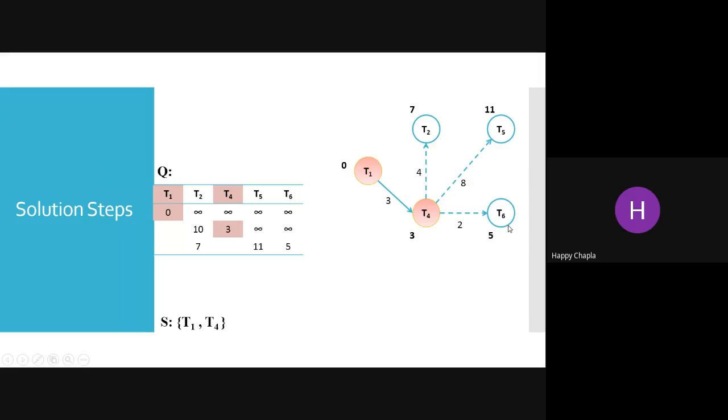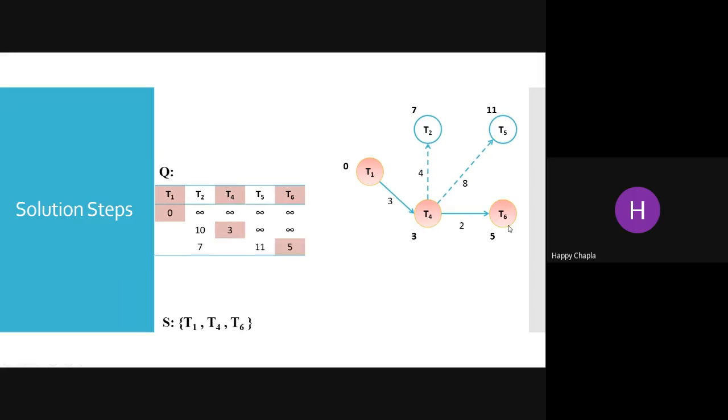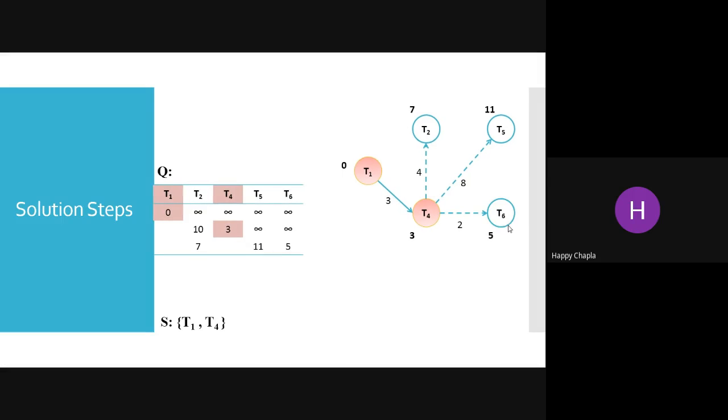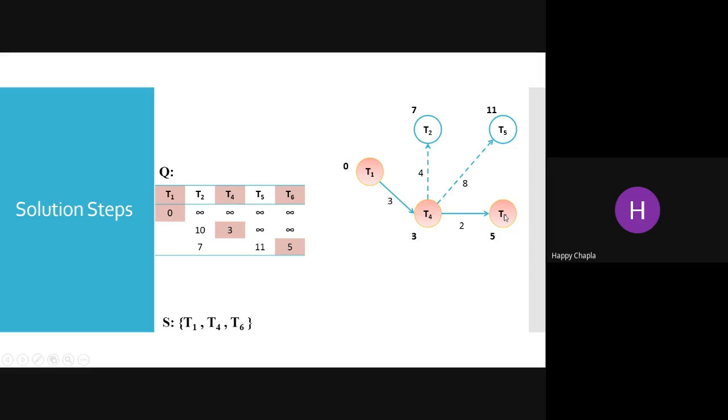Clear? Now which path can I choose? I can take the minimum value path, that is 4, 8 and 2, 7, 11 and 5. So I am taking this one path, T1, T4 and T6. So replace your T6 with the 5.